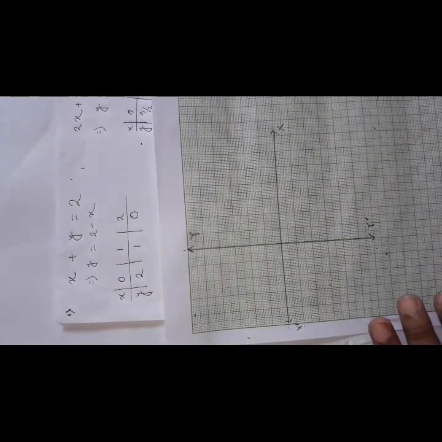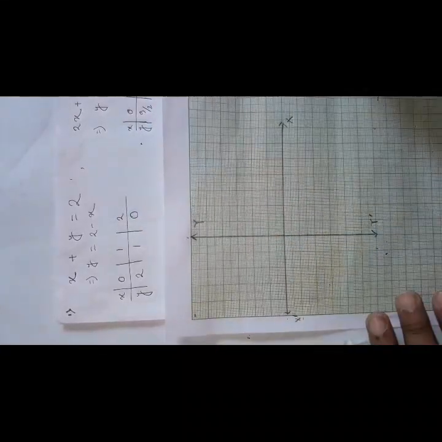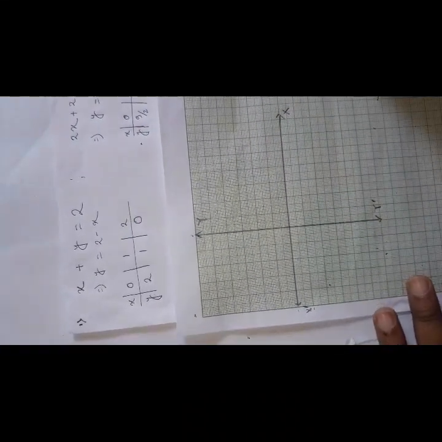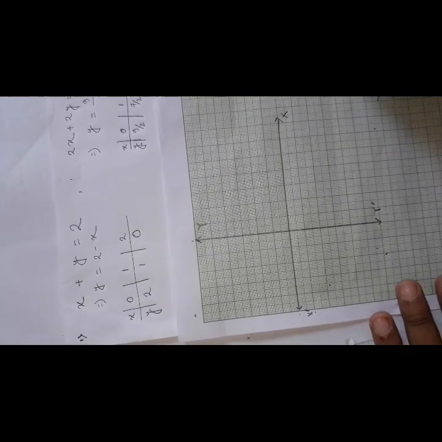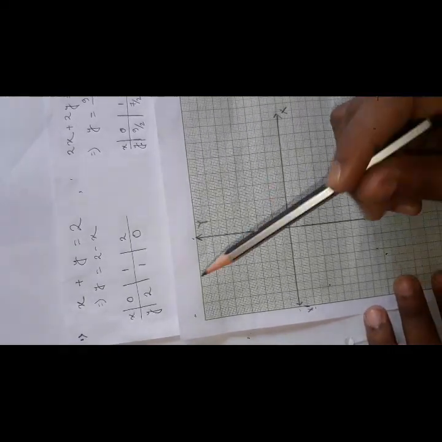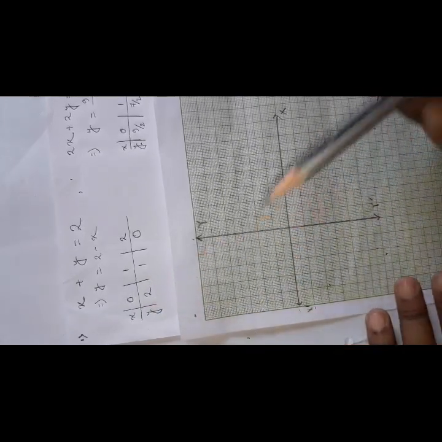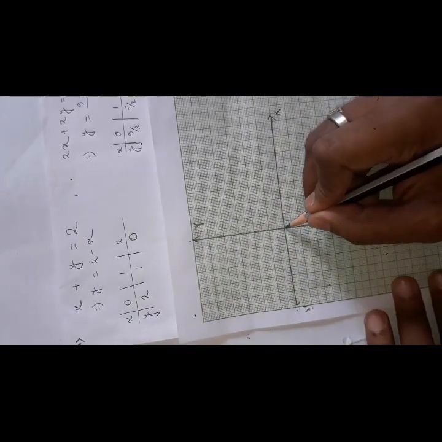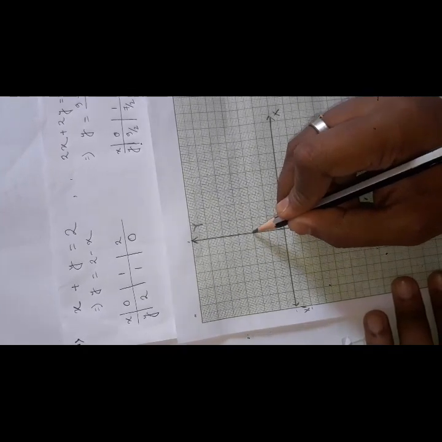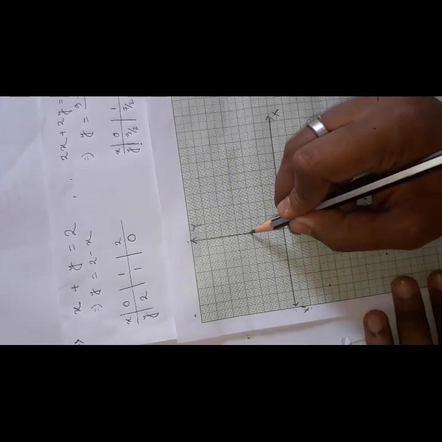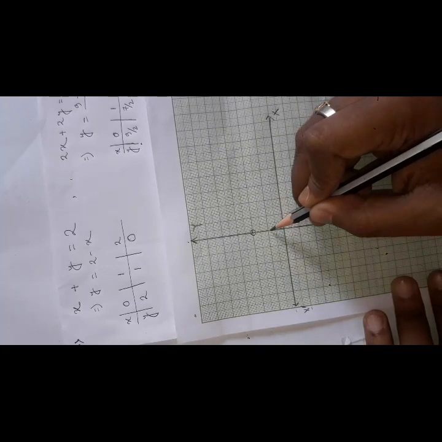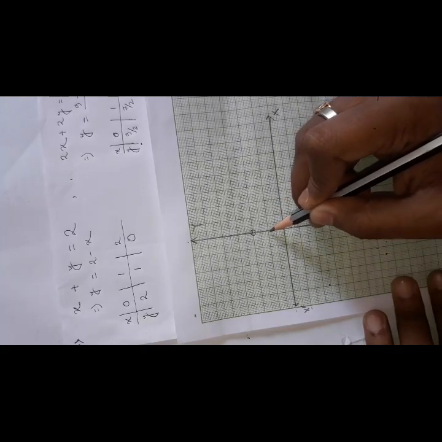Now to draw the graph of x plus y is equal to 2, we have to locate these values on this graph. At first x is equal to 0, y is equal to 2, that means (0, 2). Which point? This is the point (0, 2). We took this 1 centimeter as 1 unit.